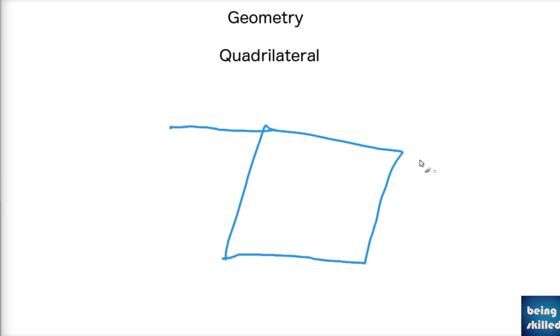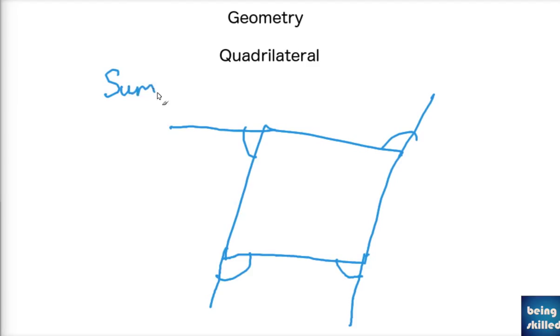Now let's learn the exterior angle property of any quadrilateral. Suppose we have this quadrilateral which has the sides extended. We just have to find different angles. First of all, the thing you have to remember is that the sum of all the exterior angles of a quadrilateral is 360 degrees.